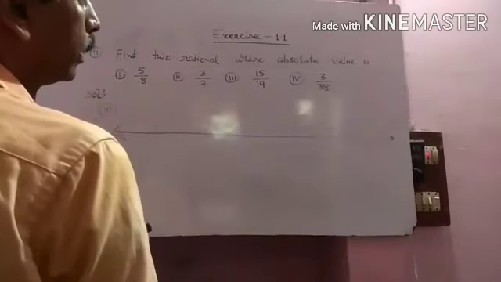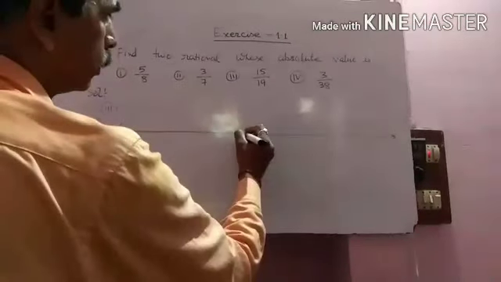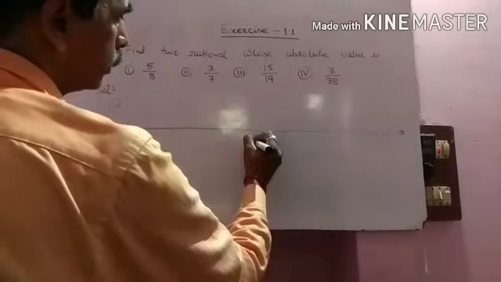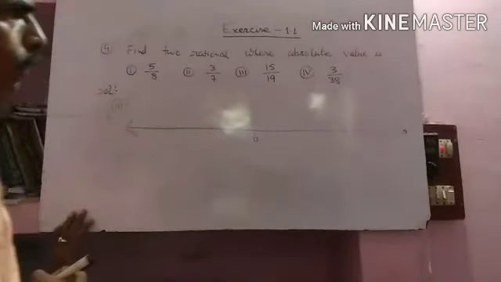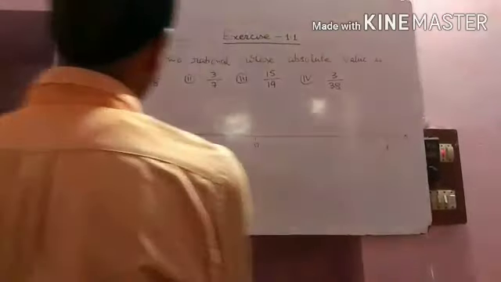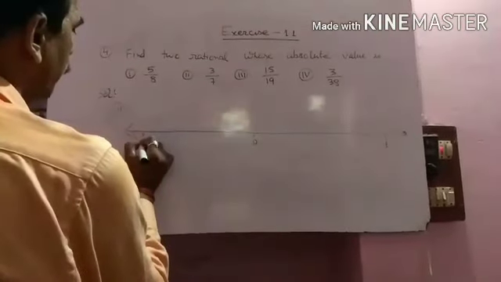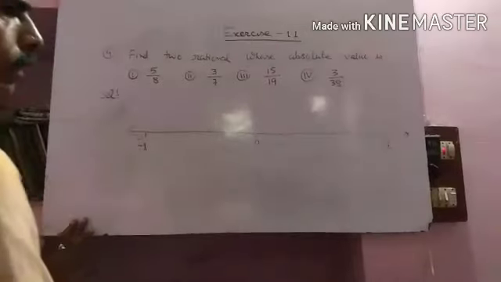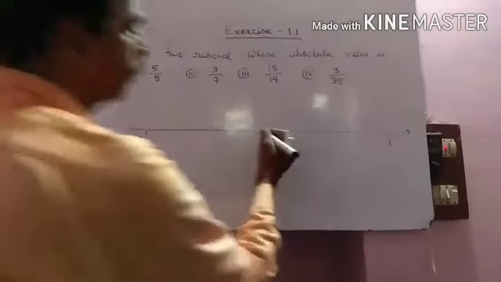Okay, they have written 15 by 19. This is 0, and suppose this one is 1 and this one is minus 1. Okay, so what do we have to do?